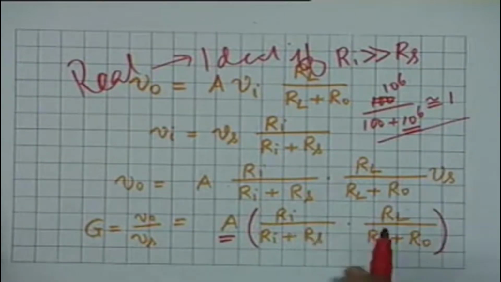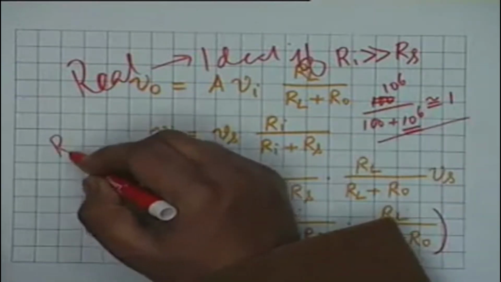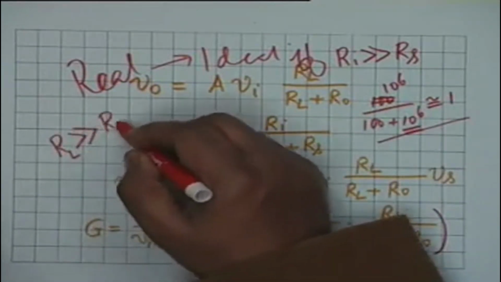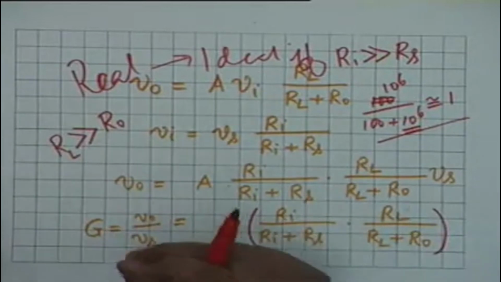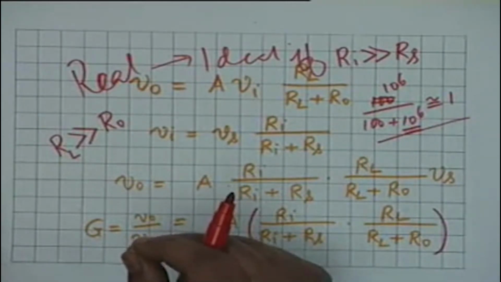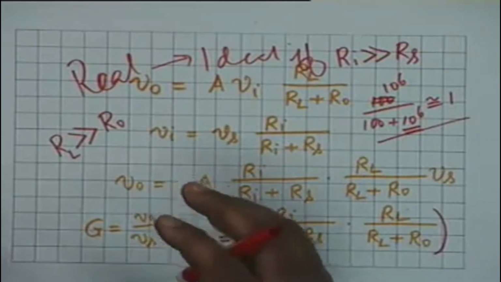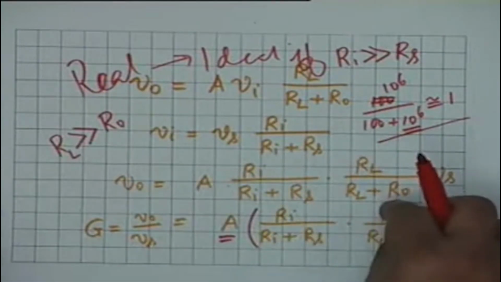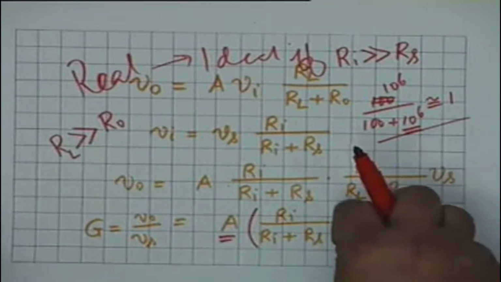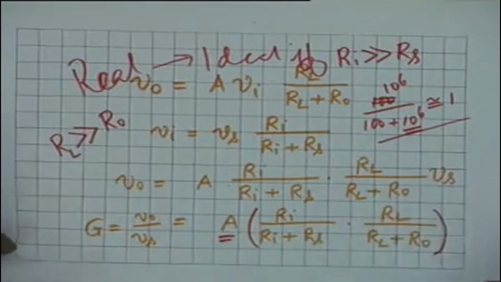Similarly, what you need is that the load connected to the output RL should be much larger compared to R0. Once again, 1:100 for example is good enough. All right. So, your amplifier design, your motivation or your objective should be to make as high input resistance as possible and as low output resistance as possible. This output resistance is obviously the Thevenin equivalent resistance.